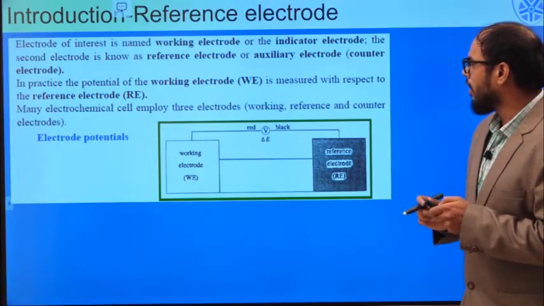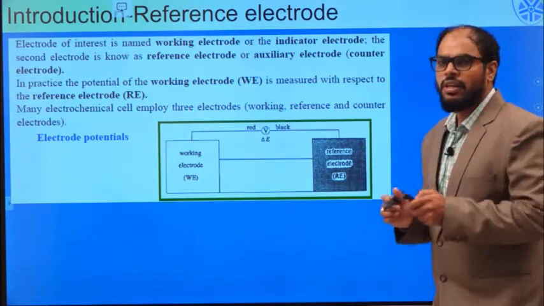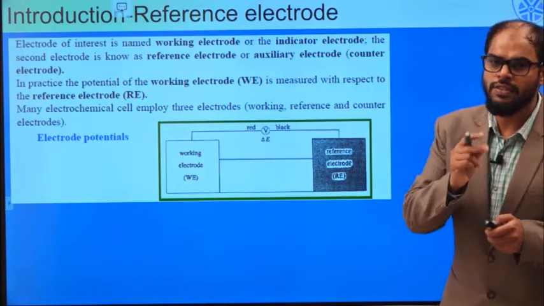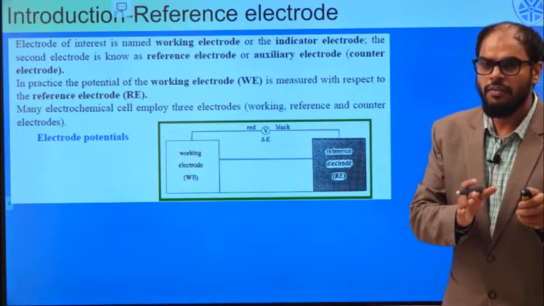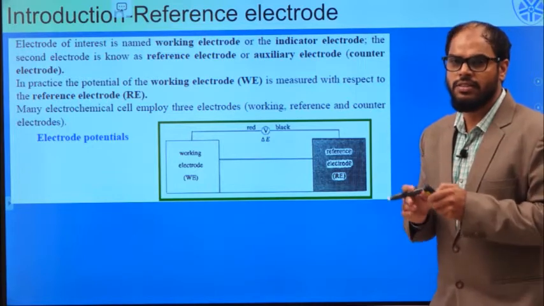Before that, I would like to tell about what these reference electrodes are. We know that to construct a voltaic cell, we should have two half cells. The one half cell where oxidation occurs and the other half cell where reduction occurs.